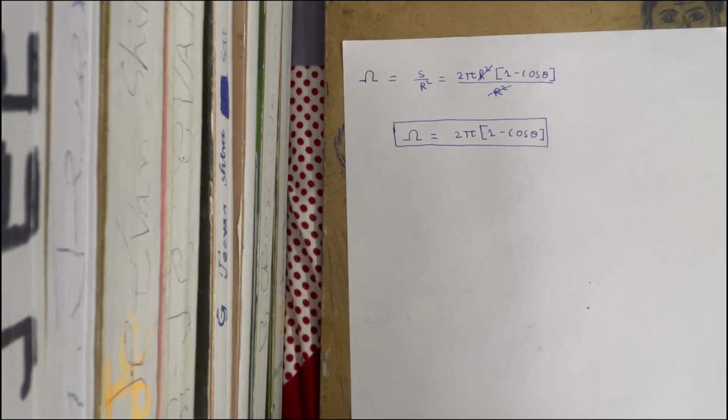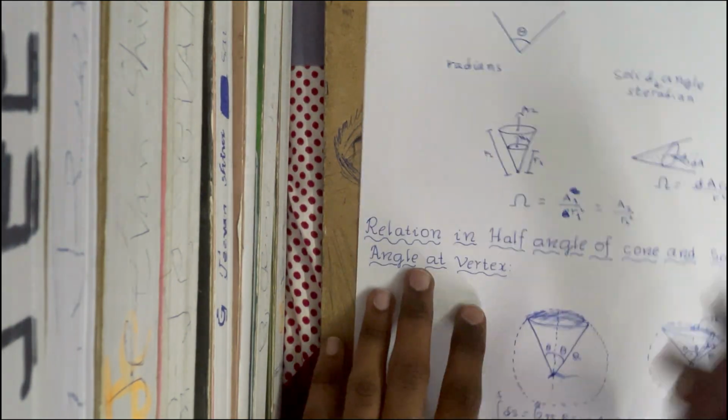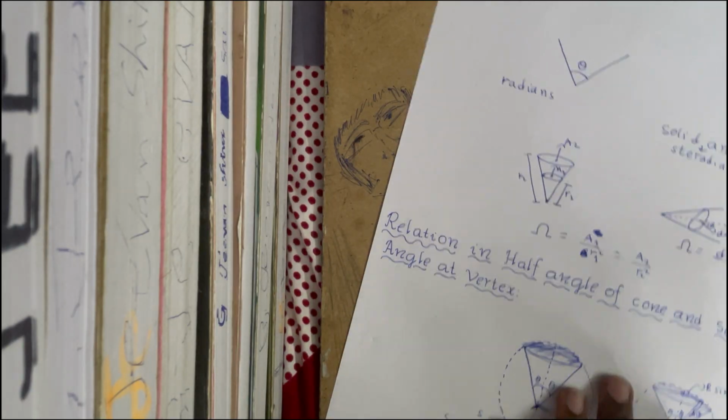So we established a relation between half angle cone, which was theta, and solid angle of the cone.